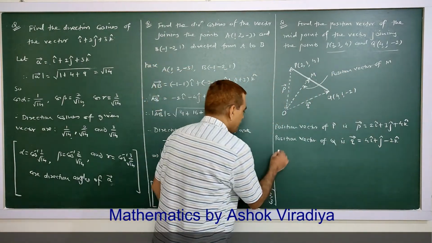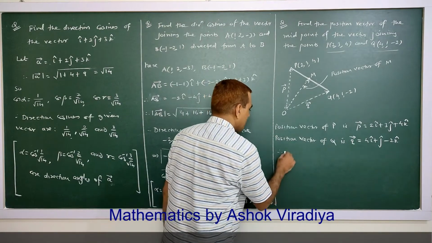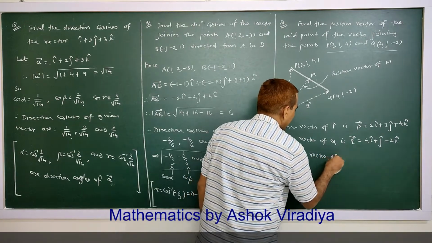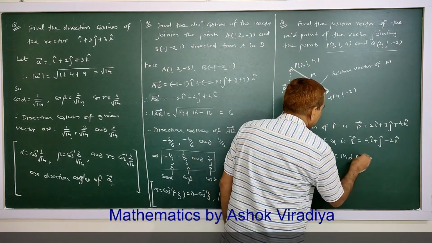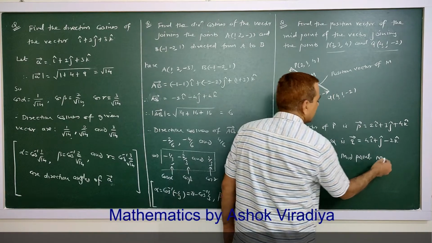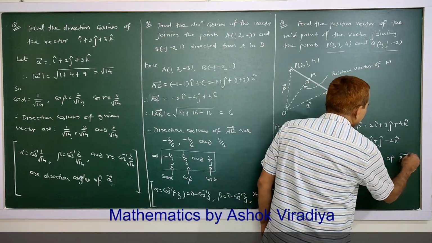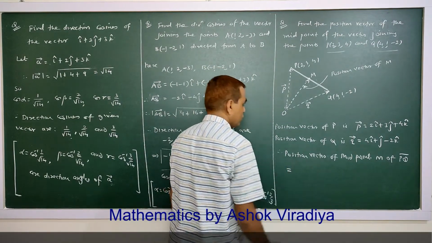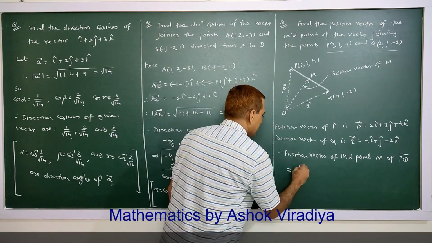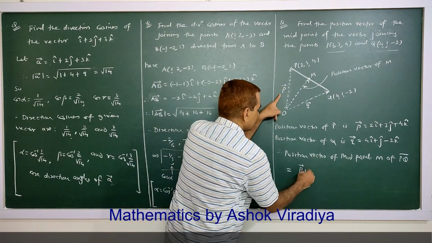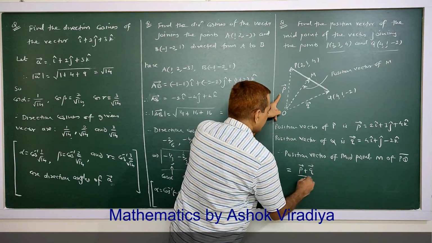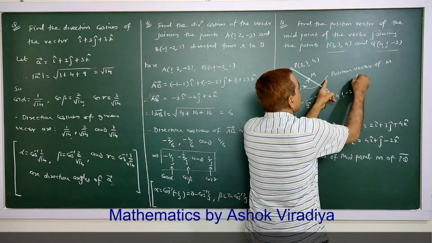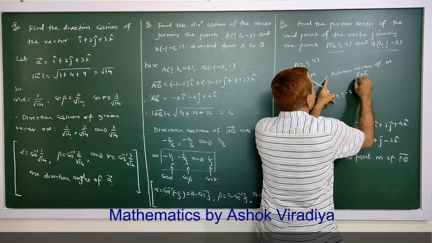So position vector of midpoint M of line segment PQ is equal to vector P plus vector Q divided by 2. This will always be vector P plus vector Q by 2.